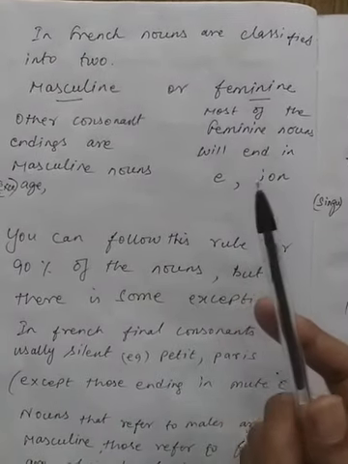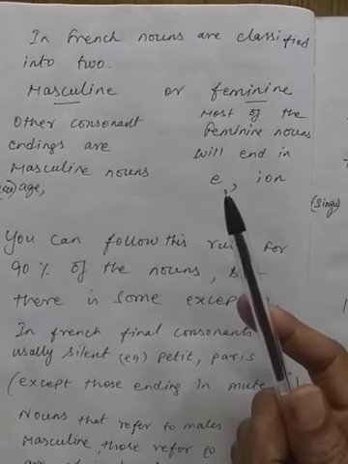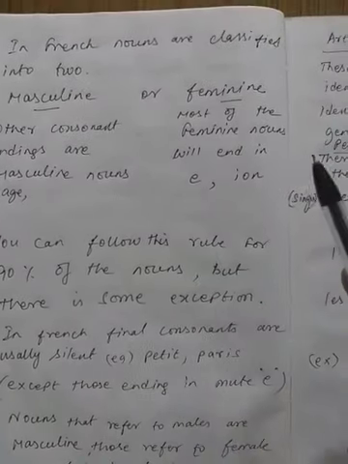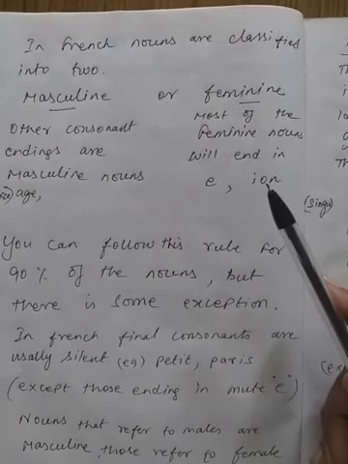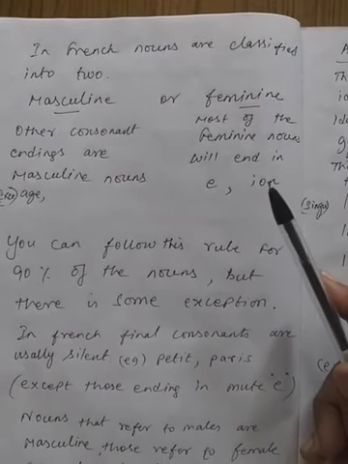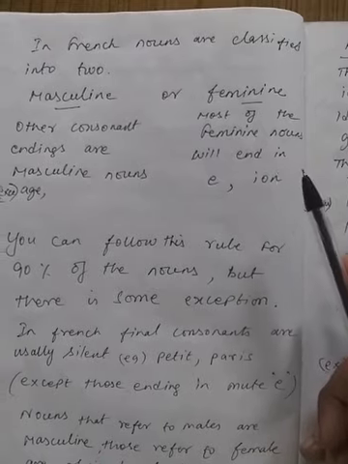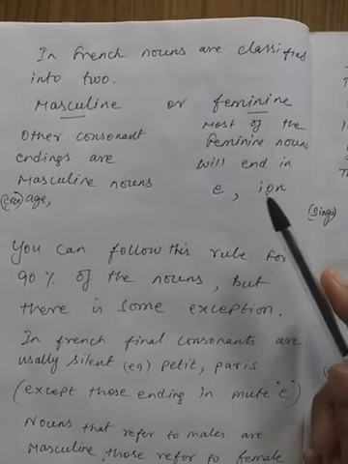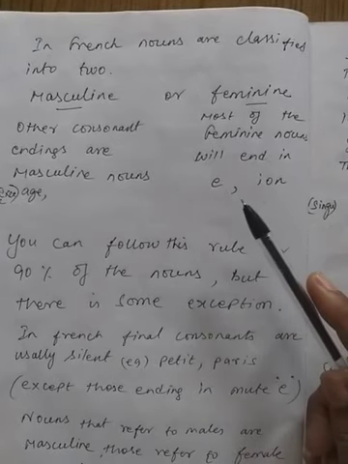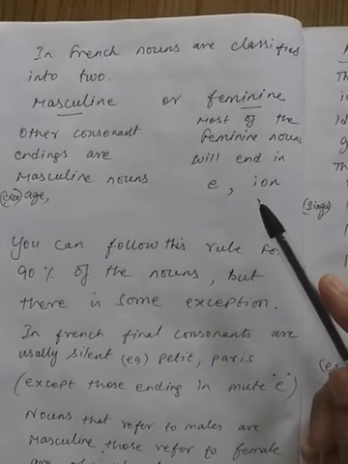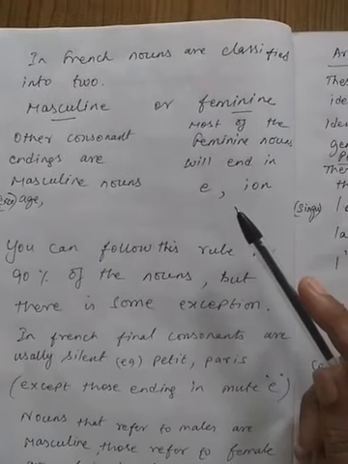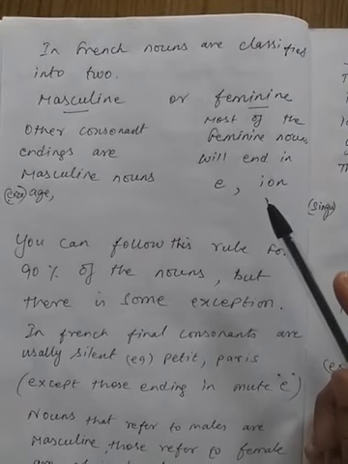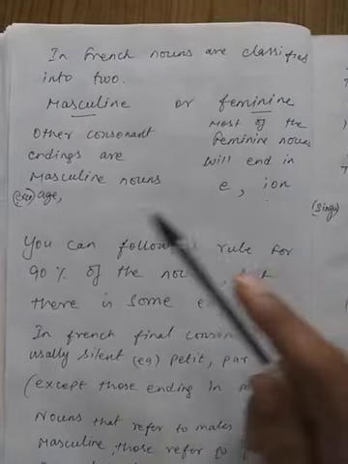How to identify these nouns? What is the way? By the ending of the noun, you can identify the feminine. Most of the feminine nouns, that means the majority, 90%, will have the endings E or ION. The remaining endings are masculine.